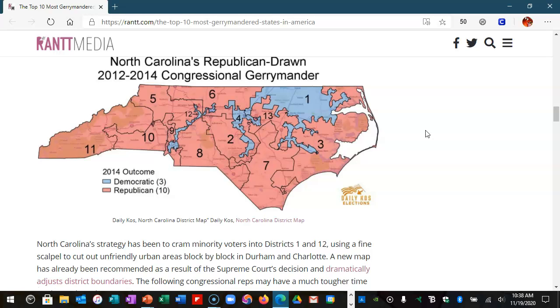I know that sounds like a contradiction in terms, but these are areas where African-American voters are concentrated in North Carolina. And rather than dilute their votes, look at 12 here, into District 9 and District 8, which are Republican areas, they created these majority-minority districts. So this is a district where the majority are minority voters, in this case North Carolina African Americans.